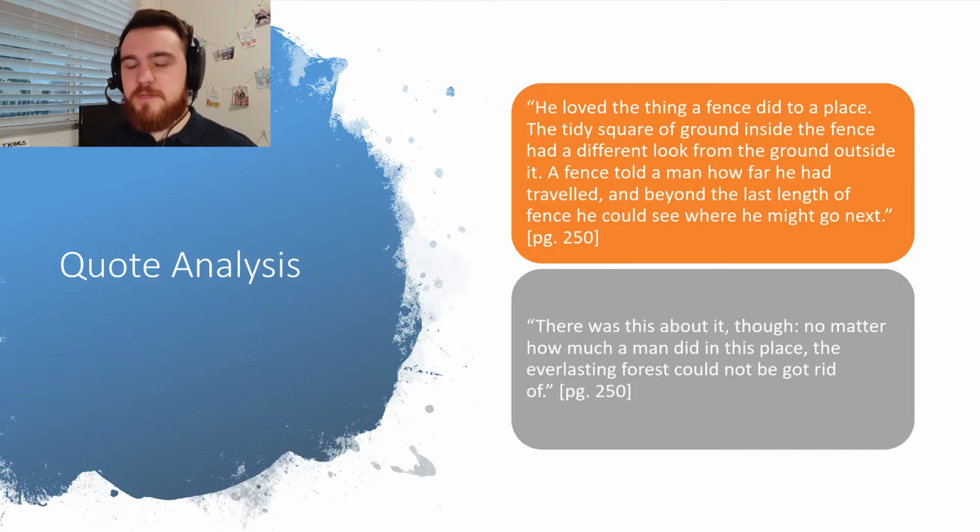That for some power beyond one's own, they cannot dominate it. So even though Thornhill thinks, beyond my fence, I can see where I'm going next, there's still this forest that stretches on forever. And this is, I guess, showing how potent nature is in Australia and how strong it is.